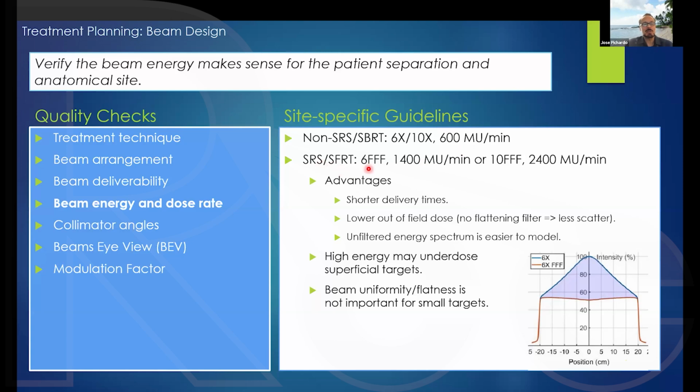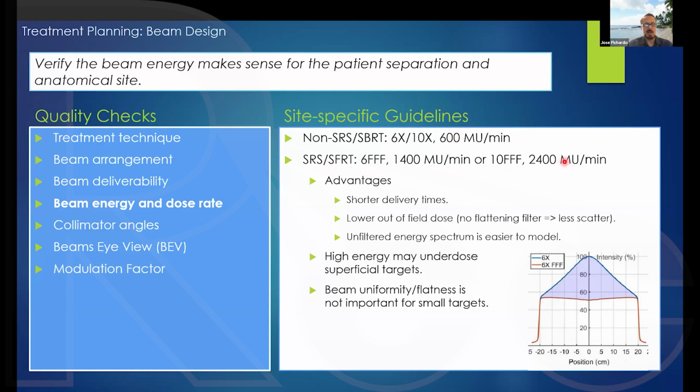All right. For SRS and SFRT, you want to use the filter-free modes for energy. So the 6 MV filter-free and the 10 MV filter-free. The 6 usually has a dose rate of about 1400 MU per minute, so you can contrast this to the standard 600. And the 10 has 2400 maximum per minute that you can select. So what's the advantage of a very high dose rate?